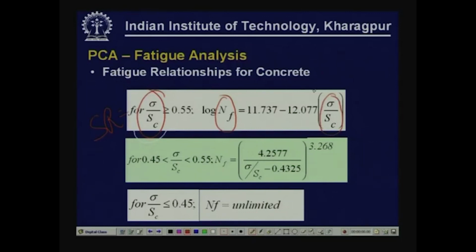For stress ratio range of 0.45 to 0.55, number of repetitions to failure of this load group are again given as a function of stress ratio. For SR less than 0.45, it is assumed that the concrete is capable of handling an infinite number of repetitions.